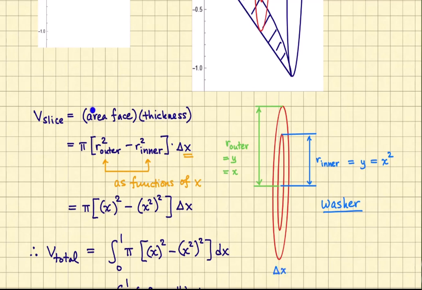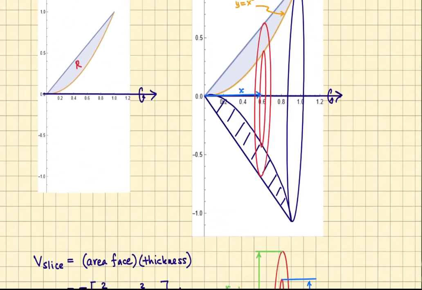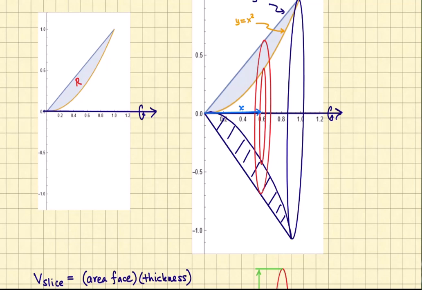And in order to find the area of the face, we just need to find the area of the big circle and then subtract from it the area of the little circle. The area of the big circle is going to be pi times the big radius squared. The big radius, which we'll call the outer radius, would be this distance here. It would be the distance from the center of the washer all the way to the top outside curve.